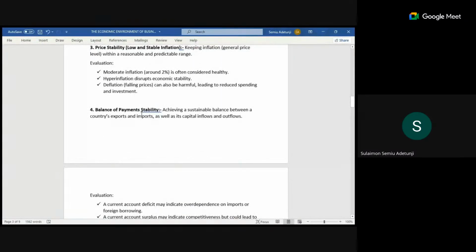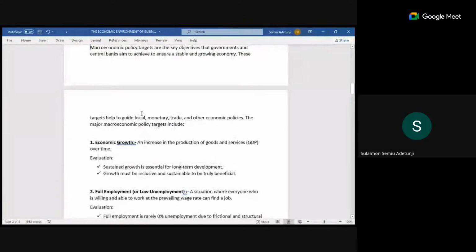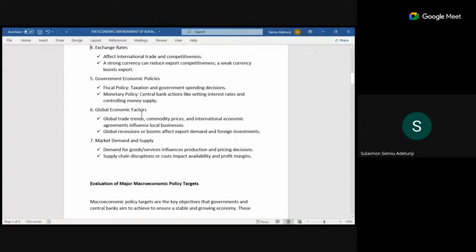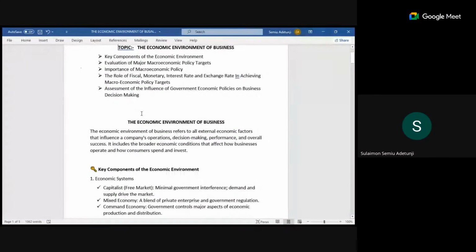But looking at this course now, the context is narrowing towards economic environment of business. It is not financial environment, it is not business environment, but economic environment. Having it, knowing it, there's nothing wrong about it. But based on the syllabus, the course is channeled towards the economic environment of business, not financial environment.